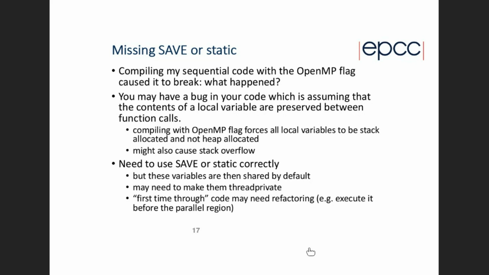The problem is that those things are then shared by default, and particularly if you use save or static to do first time through code, that can be really problematic if the first time through is actually inside a parallel region. If the first time that function is ever called, you have some first time through code based on a save or static flag, then that can be bad. It's not going to work, because you're going to end up with race conditions, and you may get that first time through code executing twice. So you might need to rethink how that's done.